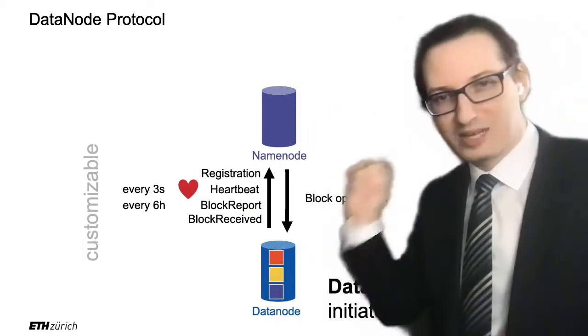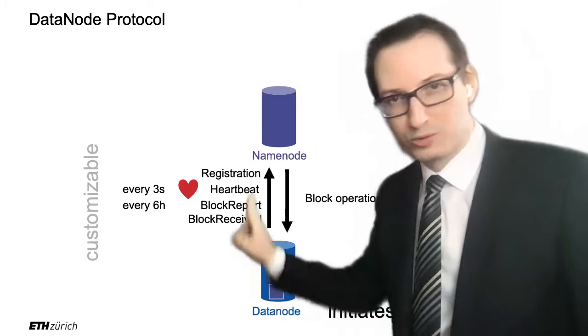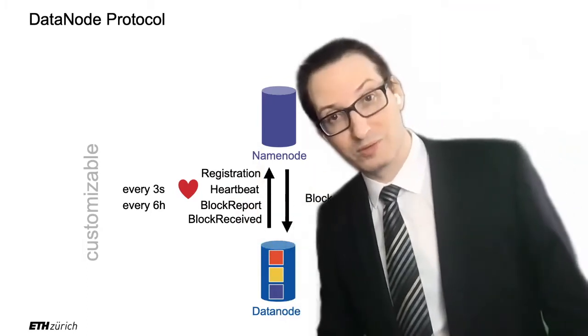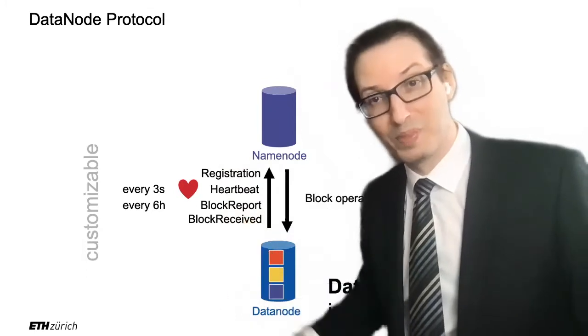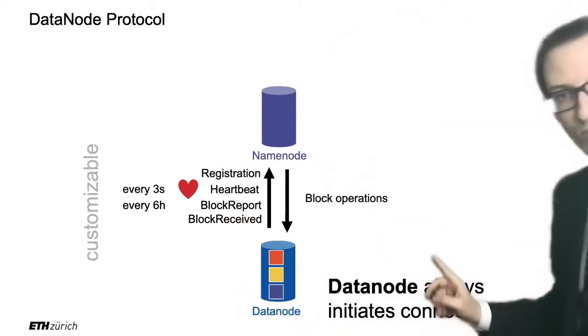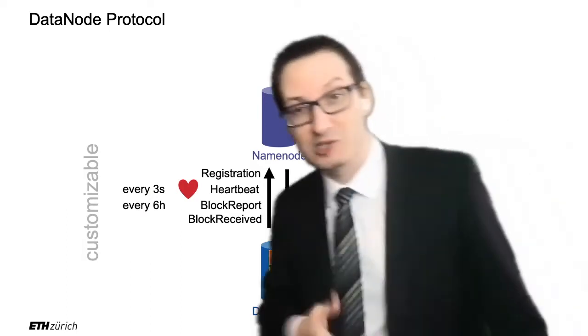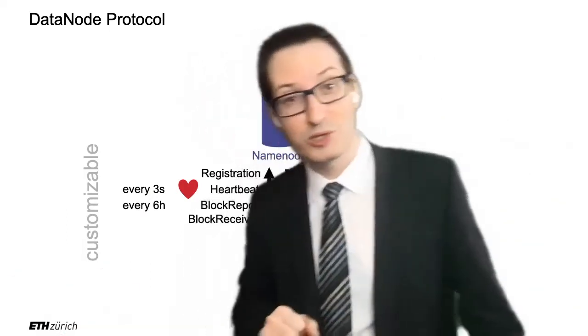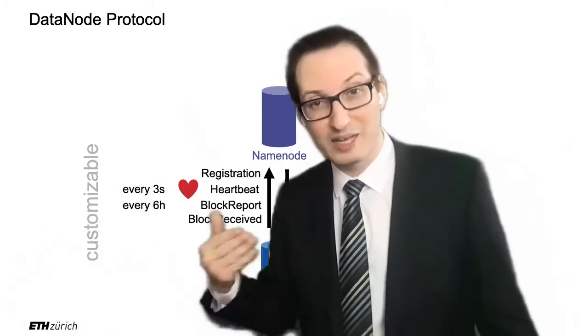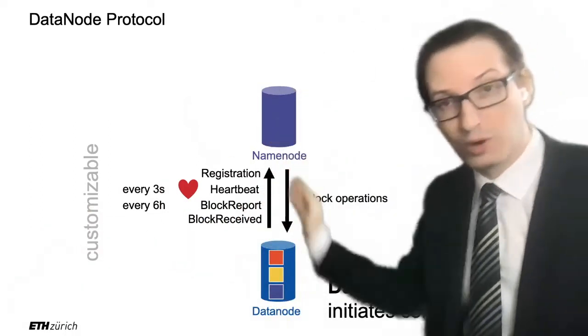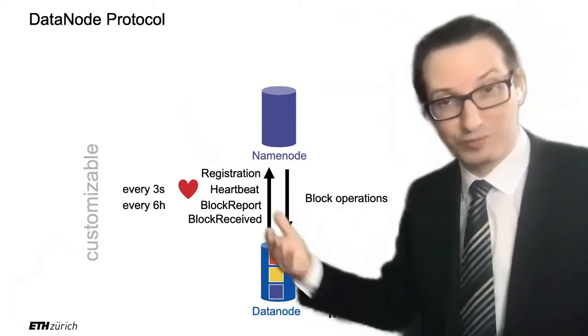What's important is that it's always, always, always the data node that connects to the name node, right? Always. It's never the name node that connects to the data node, never. So what happens is that when the name node wants to give instructions to a data node, it just waits for how much time? 3 seconds for the next heartbeat. And then it uses that heartbeat to answer back as part of the heartbeat.